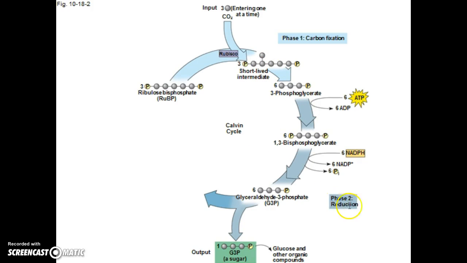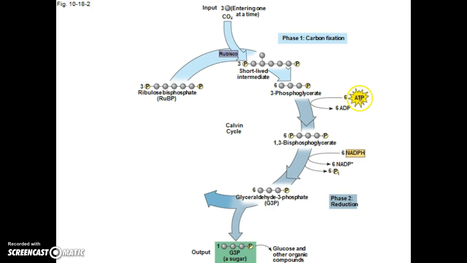As we progress into the reduction phase, you'll see that ATP is being used, 6 molecules of it actually. Where is this ATP coming from? Well, keep in mind this is called the dark reactions, and it needs energy from the sunlight going back to the light reactions in order to drive it.